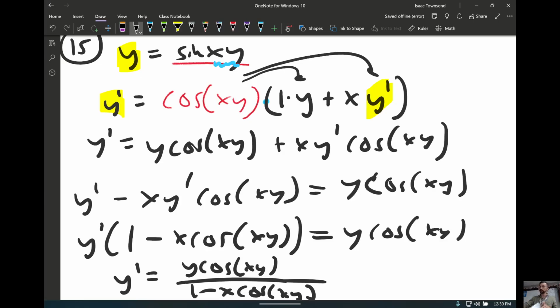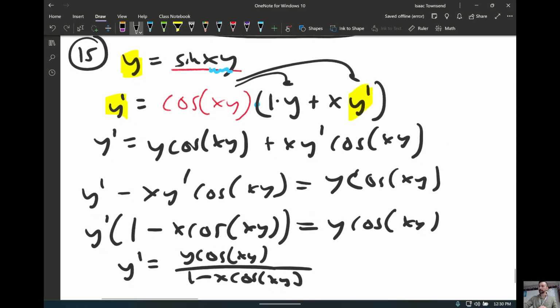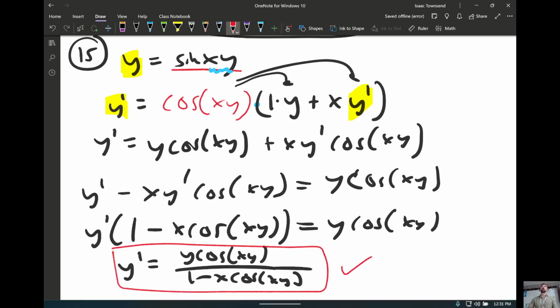And that's exactly how they did it. So again, implicit, knowing the derivative of sine, chain rule, implicit, product rule, and then algebra.